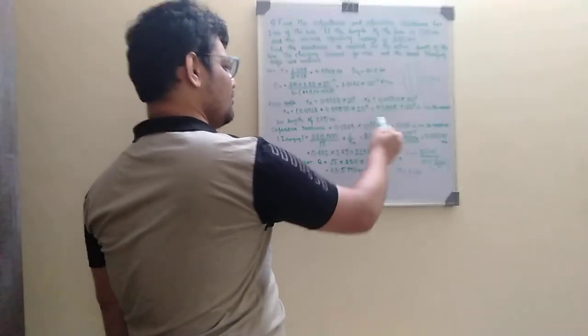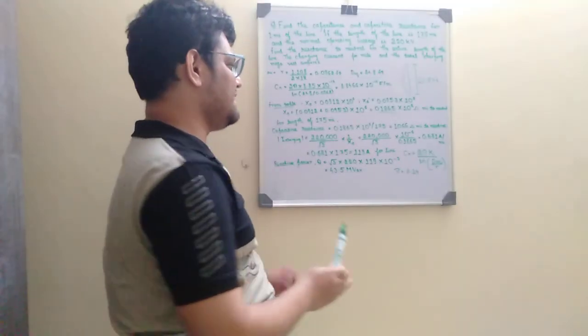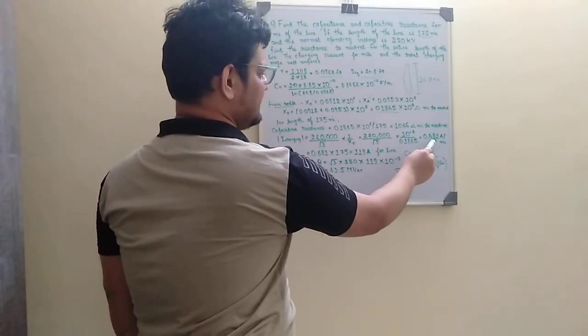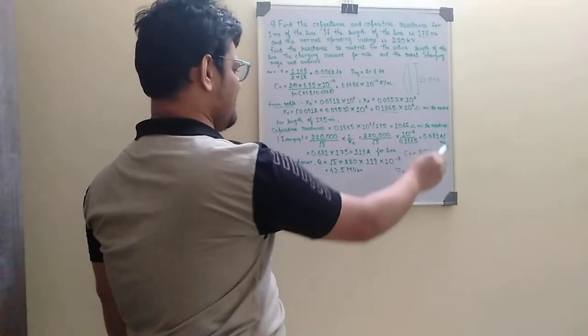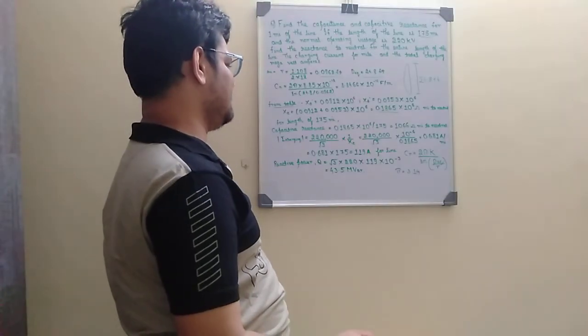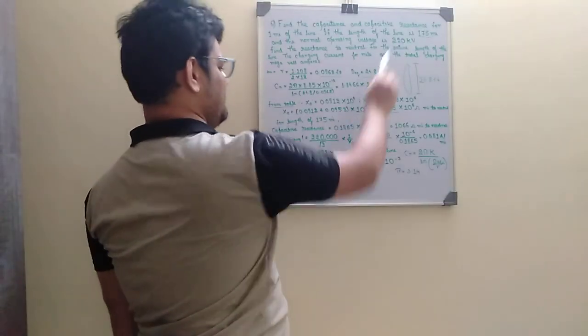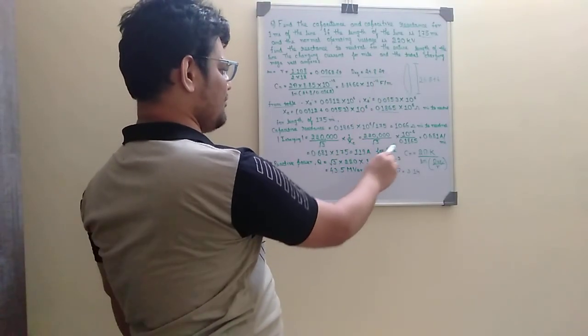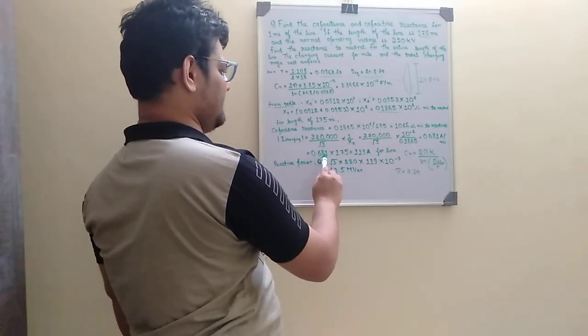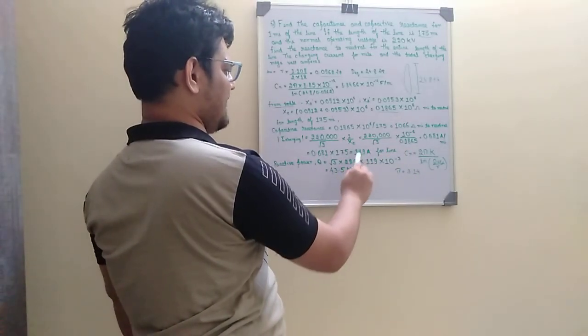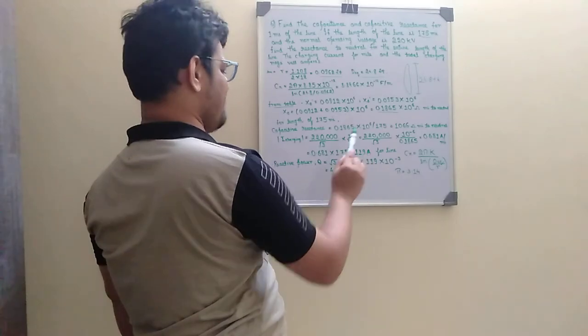If we calculate this whole value using the scientific calculator, we'll get 0.681 ampere per mi. Now the length of the wire is 175 mi, so we multiply 175 into 0.681. We'll get total current as 119 ampere.